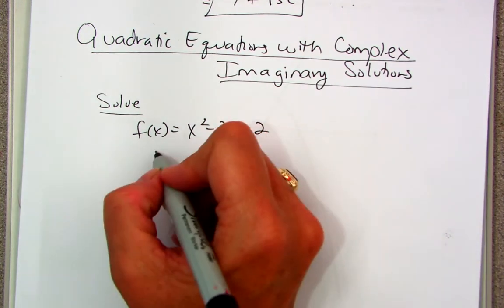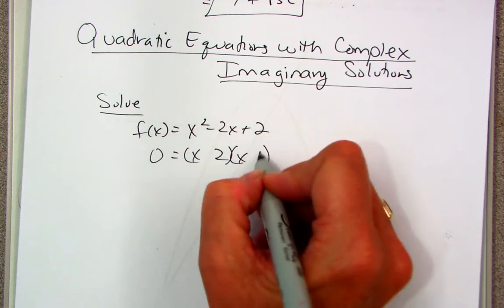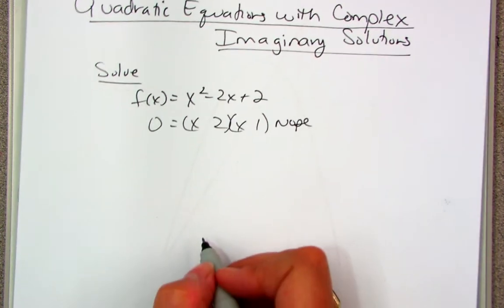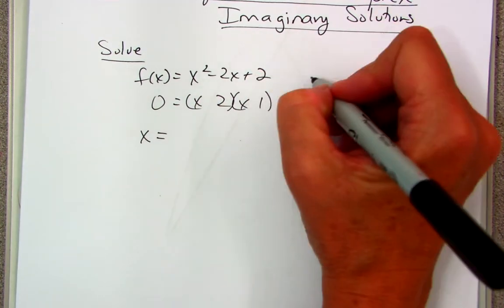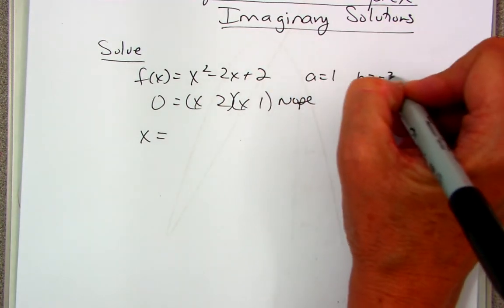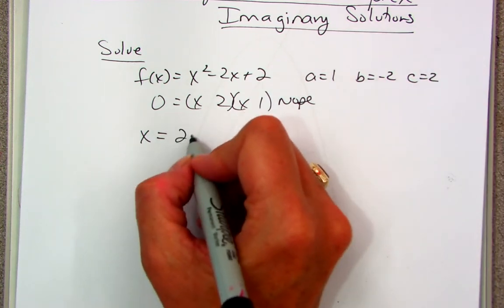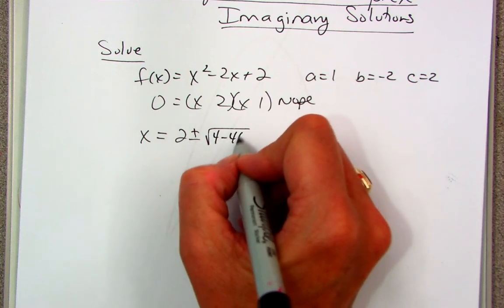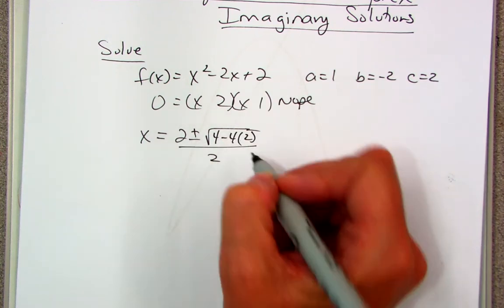Well, when I solve, I set that equal to 0. Let's see if I can factor. Nope. So when I cannot factor, I'm going to go ahead and use the quadratic formula. Let's see, so negative b plus or minus the square root of b squared minus 4 times a times c all over 2a.